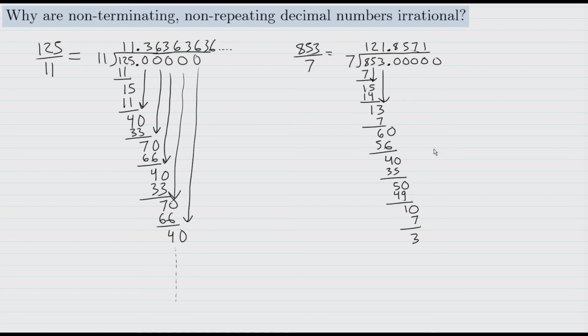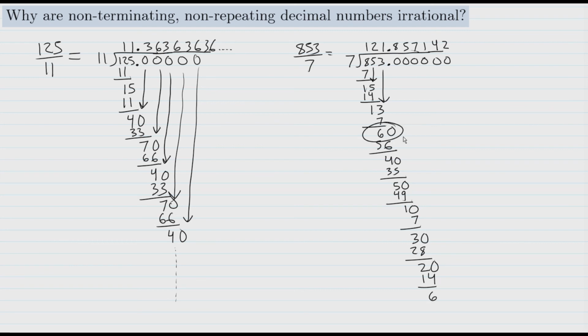Bring down another 0, still not repeating. 7 goes into 30 4 full times. 4 times 7 is 28. 30 minus 28 is 2. Bring down another 0. 7 goes into 20 2 full times. 2 times 7 is 14. And 20 minus 14 is 6.